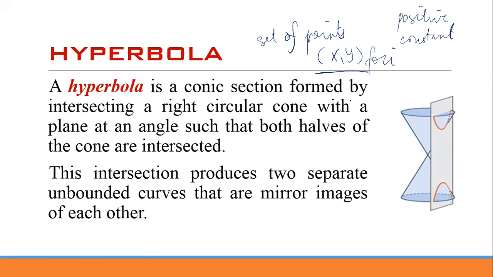So, notice that the definition of a hyperbola is very similar to that of an ellipse. The distinction is that the hyperbola is defined in terms of the difference of two distances, whereas the ellipse is defined in terms of the sum of two distances.